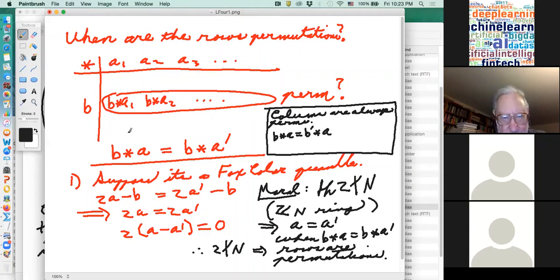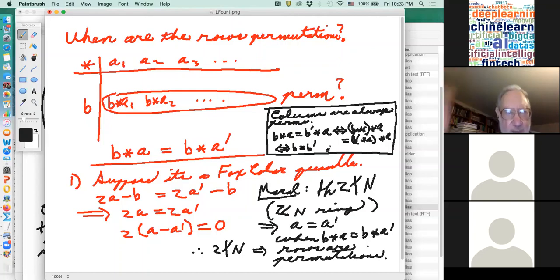That would be 2 elements in the same column. But that is true if and only if B times A times A equals B prime times A times A. And that's true if and only if B is equal to B prime. So you see that's just true in any quandle.